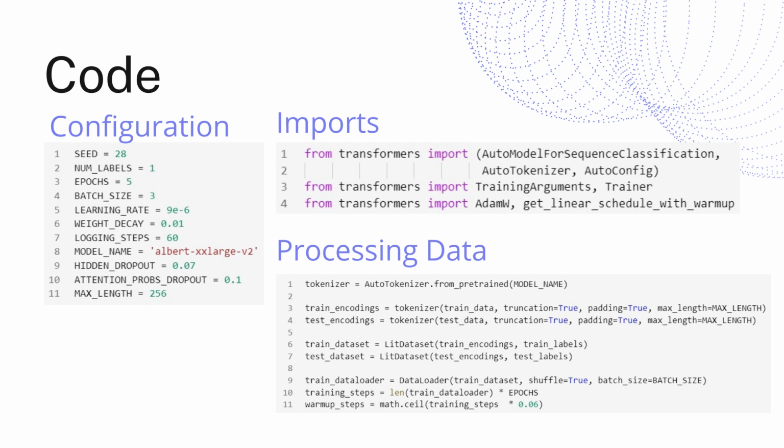So we will use warm-up steps in our scheduler. What happens when we use get linear schedule with warm-up is that we first increase the learning rate linearly till the specified warm-up steps, and then we decay the learning rate linearly.